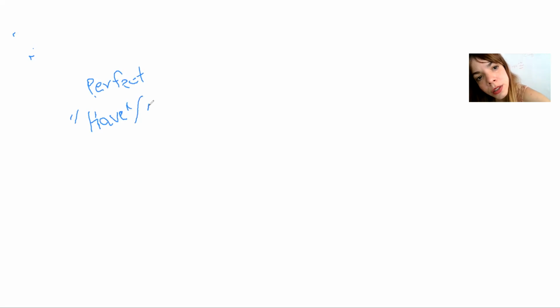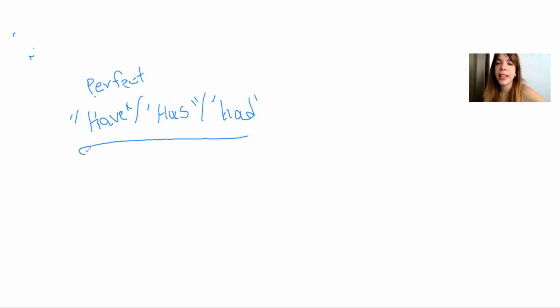perfect. So the perfect tense. When we make the perfect tense, we make it using the auxiliary have, has, or had. Okay? That's how we make the perfect.